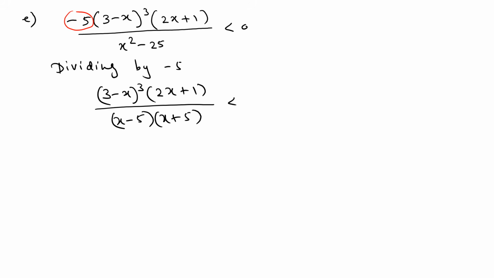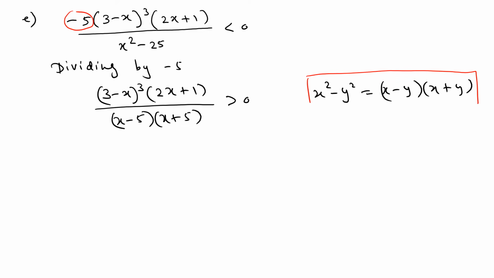Since we divide by a negative number, it switches the sign, so it's going to be positive now. Here we use the difference of squares formula, x squared minus y squared equals (x minus y)(x plus y). Now this is the complete factored version, so the factoring is done.